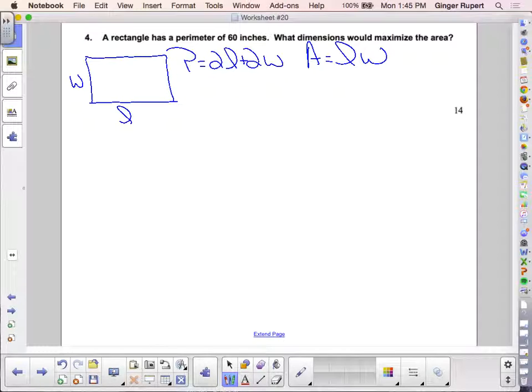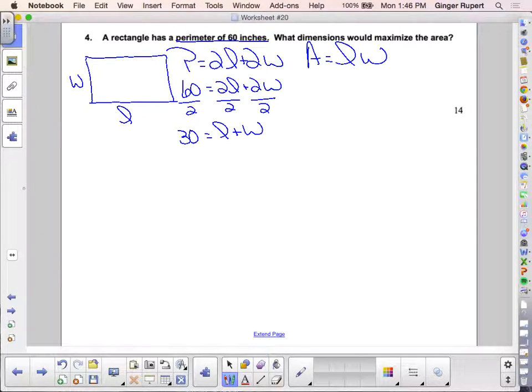In this case, you are given the perimeter is 60 inches, so substitute that in. So P is equal to 60, 2 times L plus 2 times W. You can divide all of those terms by 2. So you would have 30 is equal to L plus W. Now, you want to get this down to just one variable.